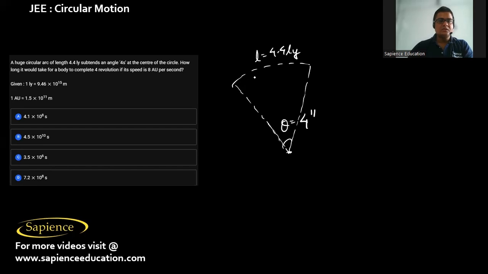Then how long would it take for a body to complete 4 revolutions if its speed is 8 astronomical units per second? How long would it take for the body to complete 4 revolutions?